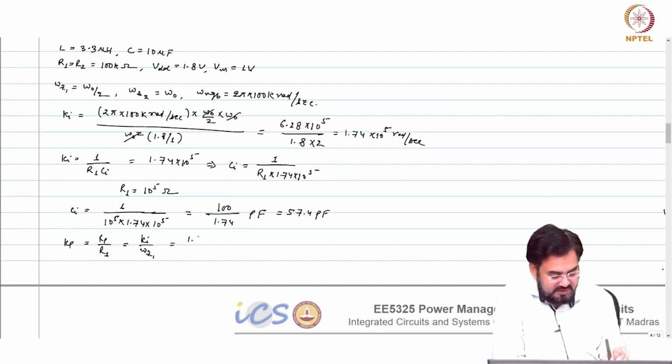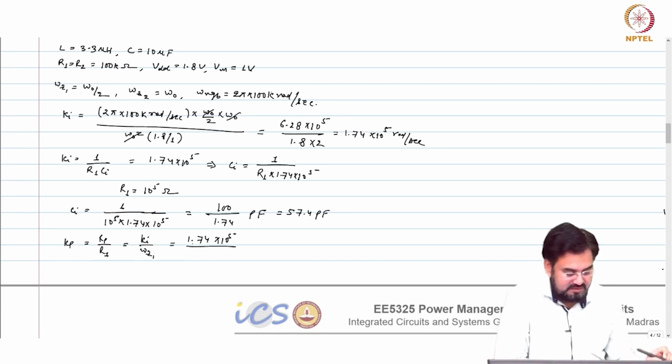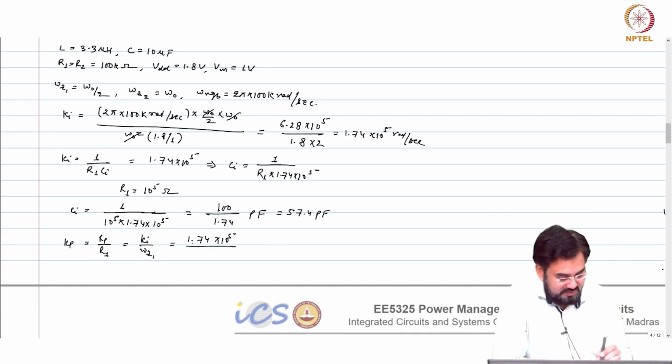Ki is 1.74 into 10 power 5 over, where is omega Z1? Omega naught by 2. Omega naught was how much? Anybody remembers? I think 180 something. Half of this, so it will become half of this. So it will become 2 actually.